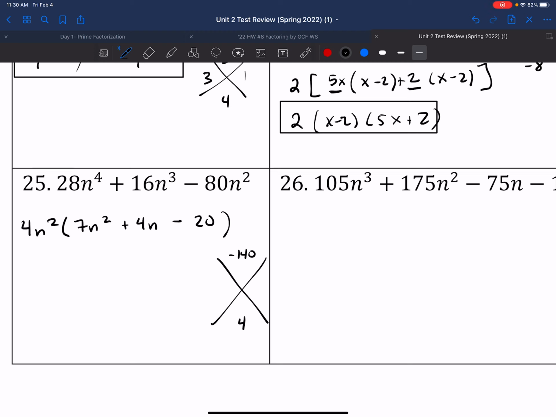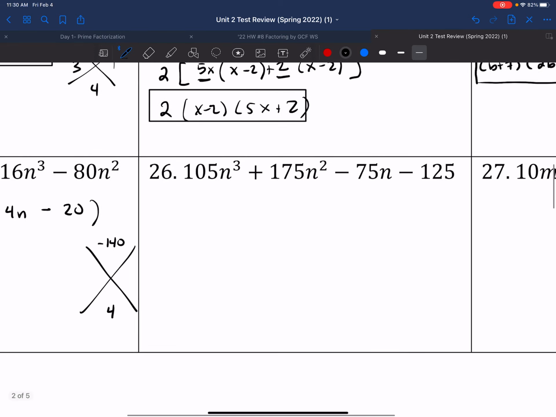Yeah, I'm probably going to have to skip this problem. Skip this problem for now. I can't figure out something. Okay.